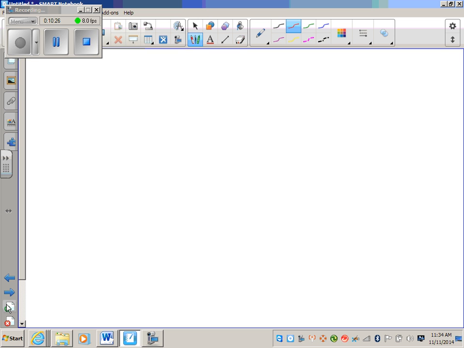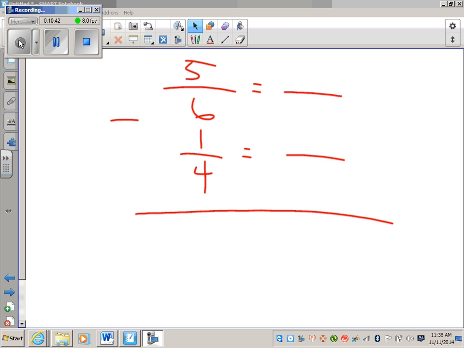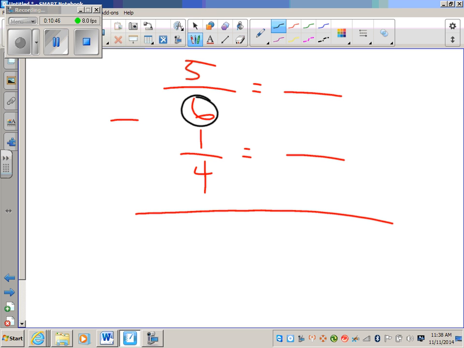Try this one. 5/6 and 1/4. Yeah, let's subtract those. Good idea. I'm going to look at the 6 and say, okay, when I count by 6s, 6 doesn't work for 4, but my next multiple of 6 is 12. 12 works for 4.